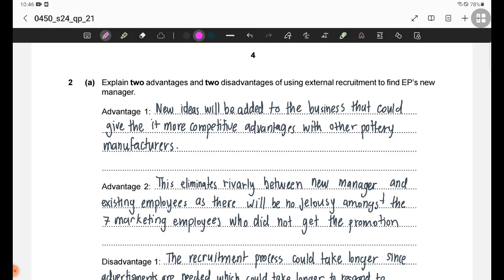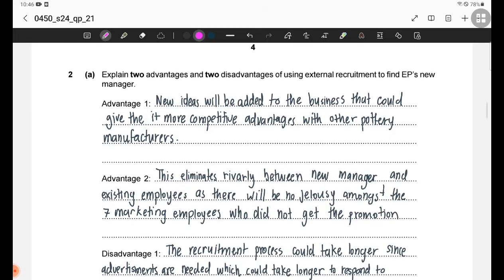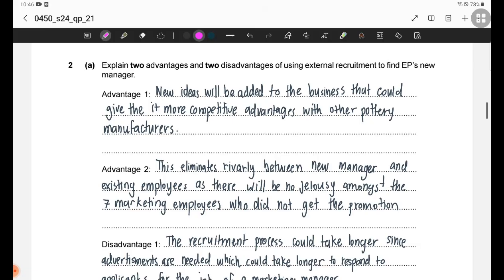Please refer to that when answering this question. You'll see your managing director at the top, and then the marketing, operations, and finance, and the list goes down. You can also see it's a tall organizational structure. So again, we need to find 2 advantages and 2 disadvantages of using external recruitment to find EP's new manager.